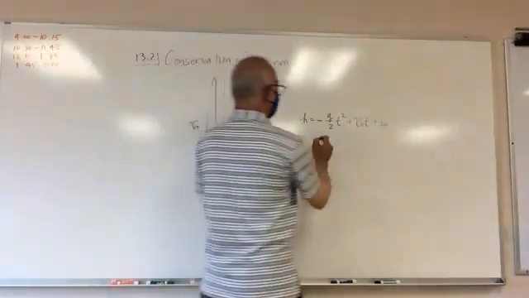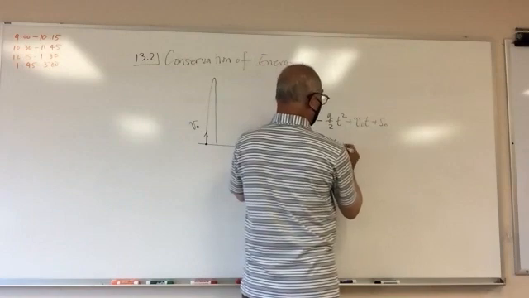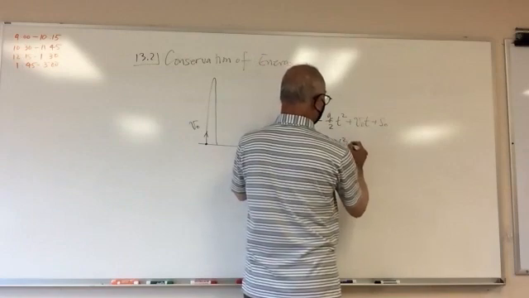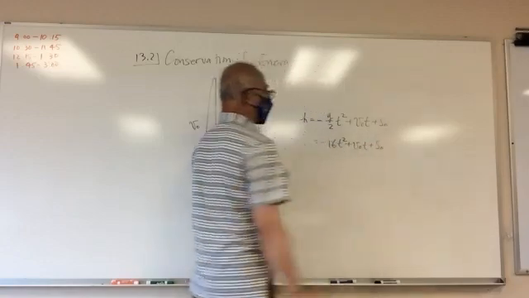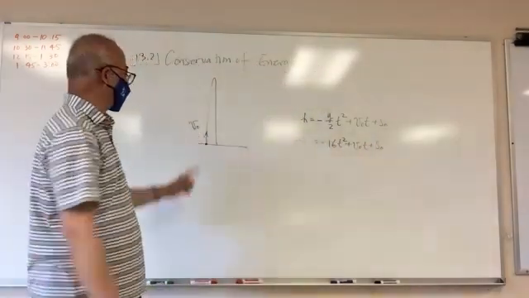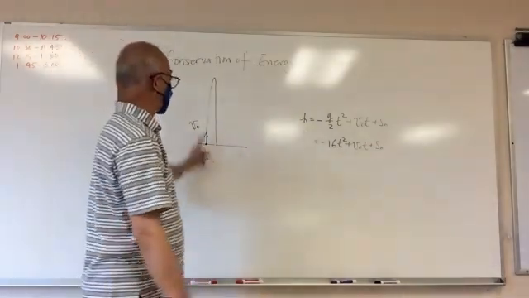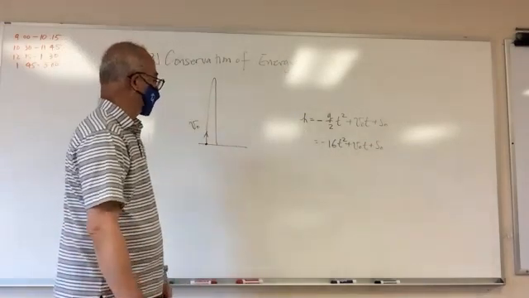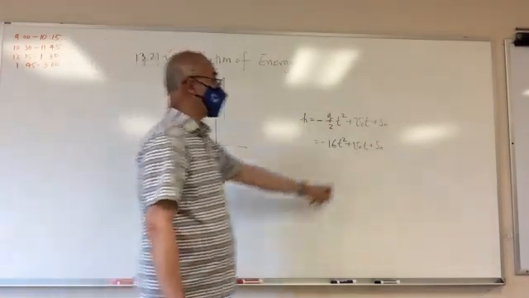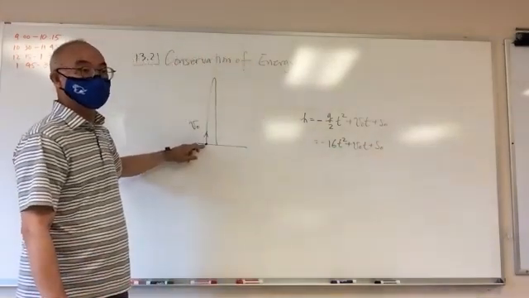If you're doing it in feet, it would be negative 16t squared plus V naught t plus S naught, where V naught was the initial velocity that it went up with, and it travels up and travels back down. What's S naught? S naught is the initial position, initial height. At this point it would be 0 because you're shooting it from the ground.